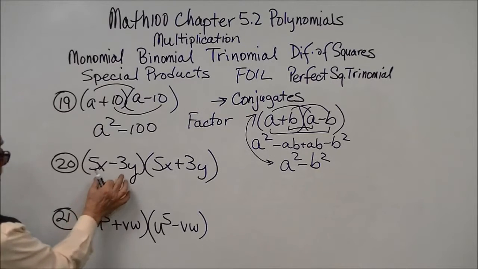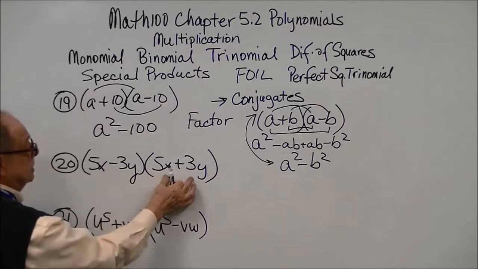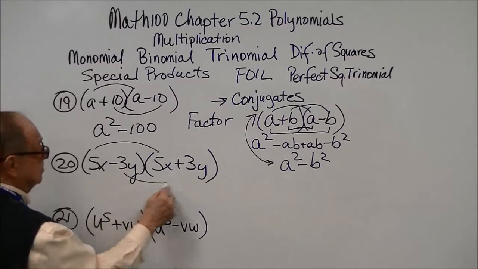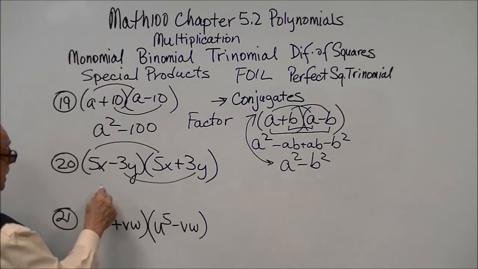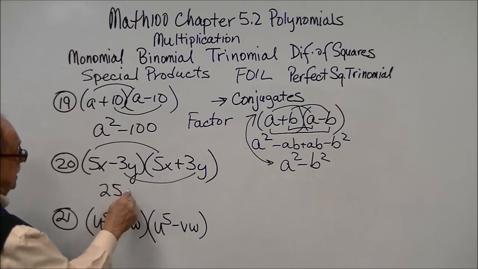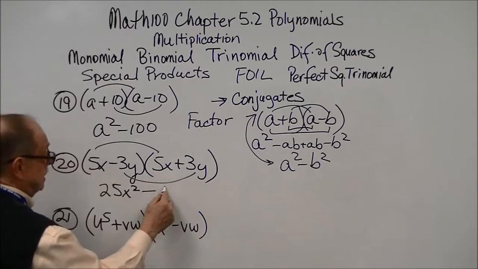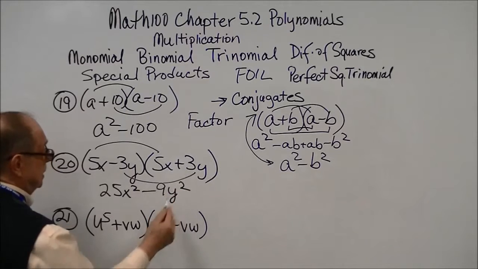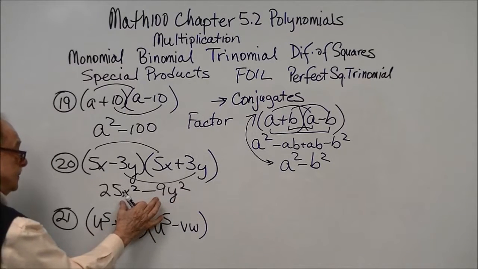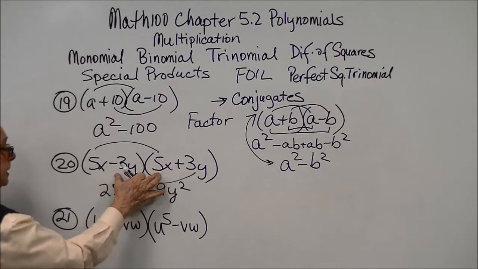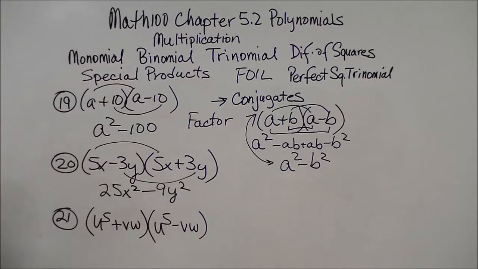And as you look at it, here we have conjugates. So no middle term, multiply these, and it's going to be 25x squared minus 9y squared. This is the difference of perfect squares. When we multiply conjugates, that's what we get.